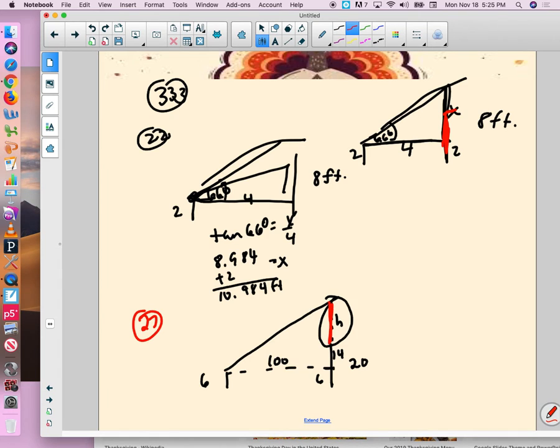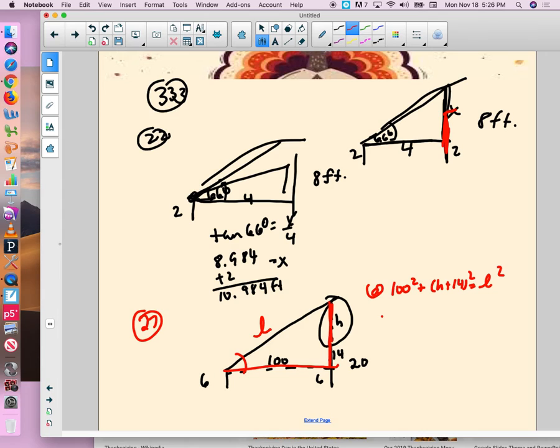If I'm looking at this triangle, then I can do the Pythagorean theorem to find L. I can say 100 squared plus this side squared, which is the height of the balloon plus this 14 feet, equals L squared. And this is where our square root comes in.